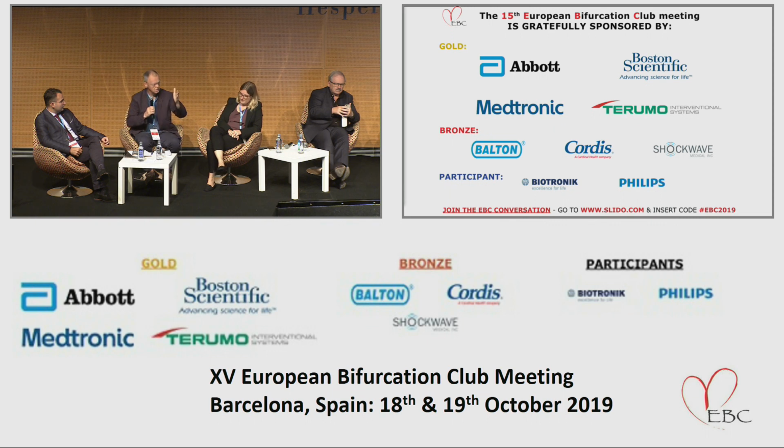Unfortunately, your bench in the first part and described in your paper does not respect the fractal law. Your diameter will remain constant between the mother vessel and the main branch, 3 millimeter. In your bench, 2.5 for the side branch, 3.5, for example, for the main branch, and so the diameter of the mother vessel expected is 4 millimeter.